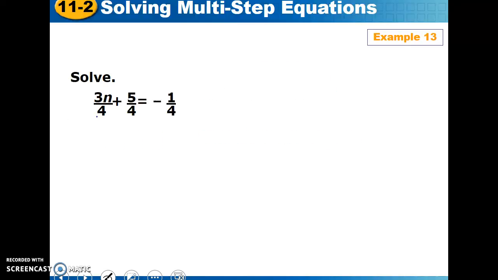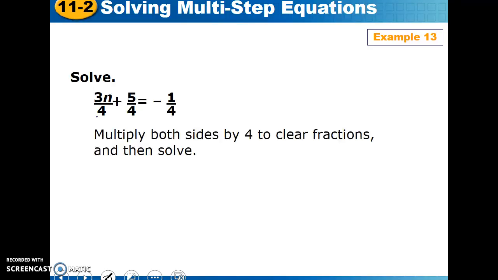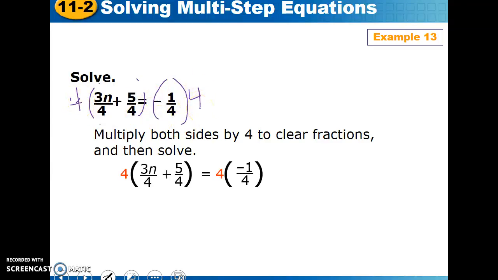Okay, another one. First step, we got to find the least common denominator. In this case, all of the denominators are 4, so we're going to multiply both sides by 4 to clear the fractions. So we're multiplying this whole entire side by 4 and this whole entire side by 4. So remembering that we have to use the distributive property and multiply by each term.